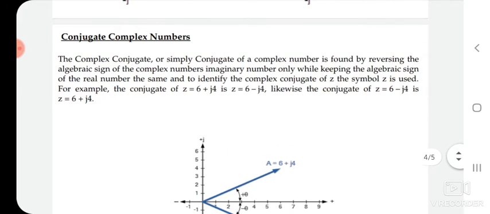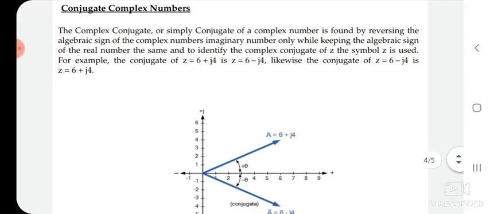Similarly, how can we represent a conjugate complex number? The complex conjugate, or simply conjugate, of a complex number is found by reversing the algebraic sign of the imaginary part only, while keeping the algebraic sign of the real part the same.